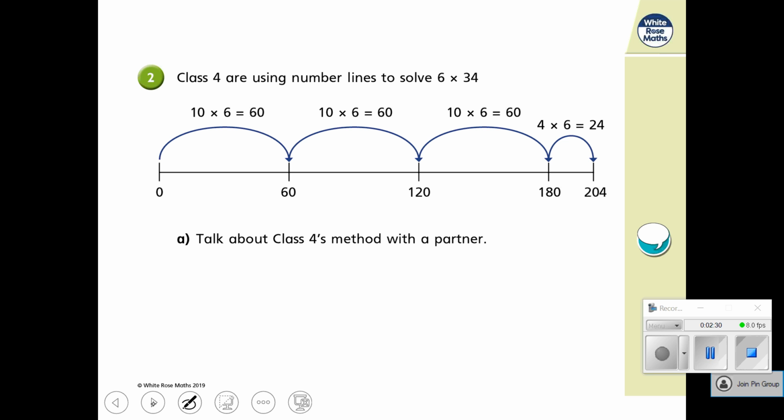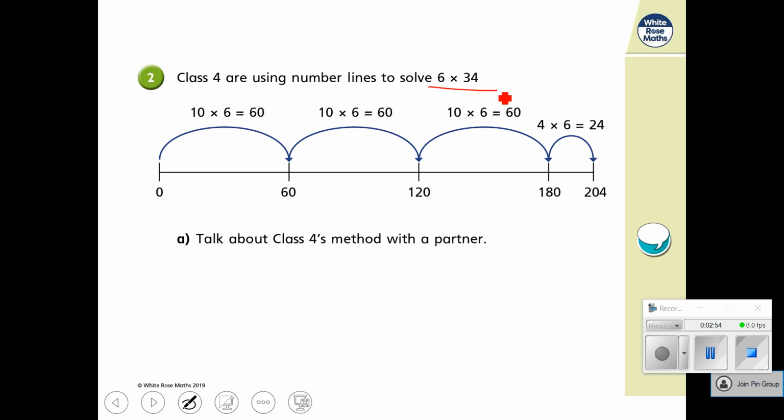Okay, so here class 4 are using a number line to solve the question 6 times 34. And then we're asked to talk about it. Well, let's just have a look at it very clearly. We have got 6 times 34. What I'm going to do to try and understand this question is partition my 34.